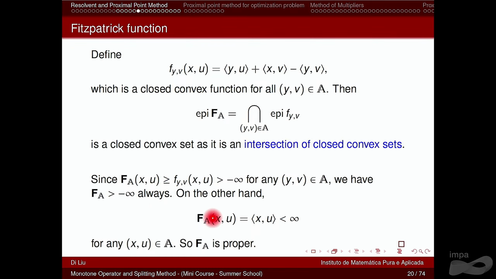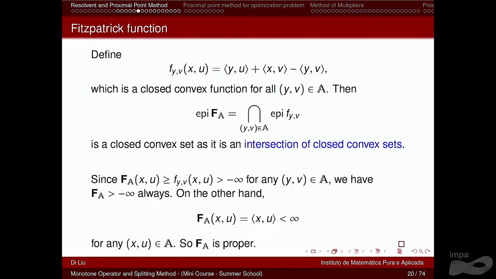On the other hand, if you want to prove a function is proper, one is to say it cannot reach negative infinity. Another is to say the function cannot be positive infinity everywhere. So we need to prove somewhere the function value is not positive infinity.